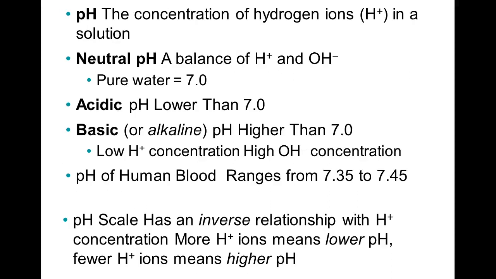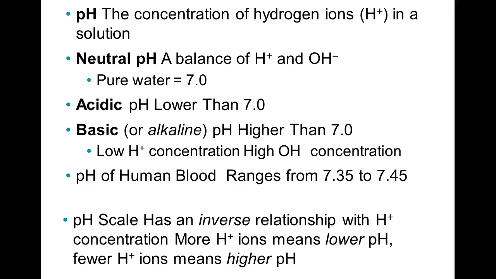The concept of pH, we'll get started on that in this one and probably have to move on with regard to the next one. pH is the concentration of hydrogen ions in a solution. Neutral pH is 7, so you have a balance of hydrogen and hydroxy ions. Acidic is lower than 7, basic is higher than 7, and human blood is a very neutral 7.35 to 7.45.